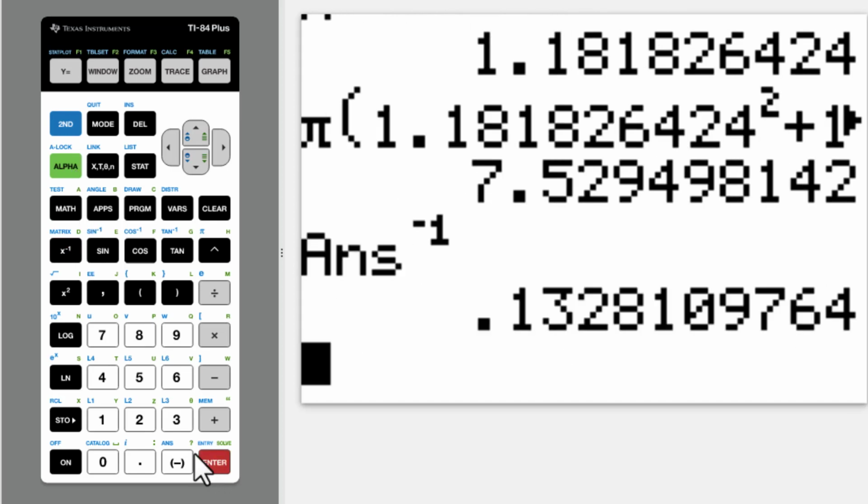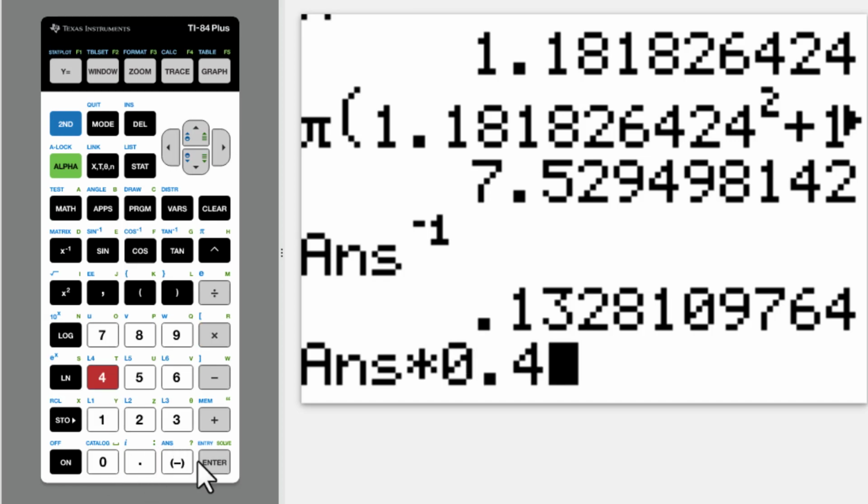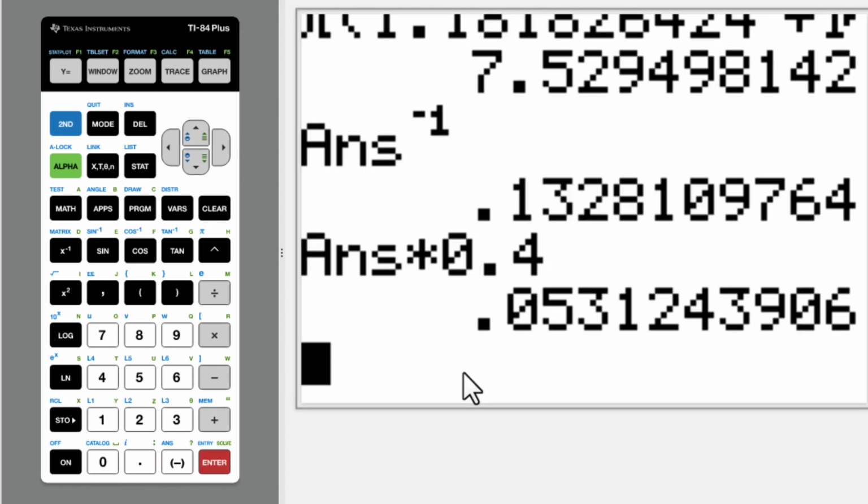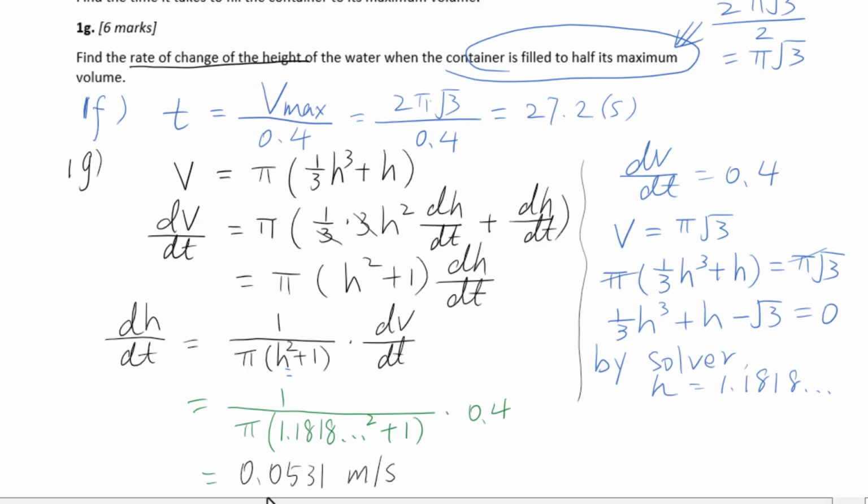Then get the reciprocal of it, times 0.4, enter. The answer is 0.0531. So the answer will be 0.0531 meters per second.